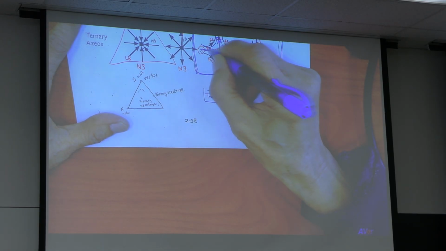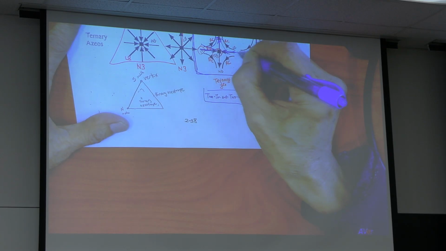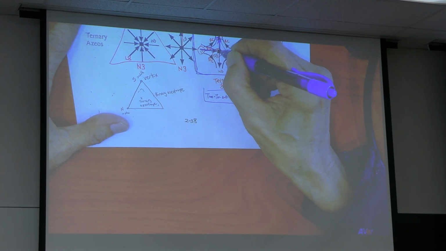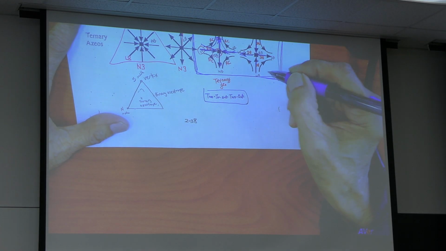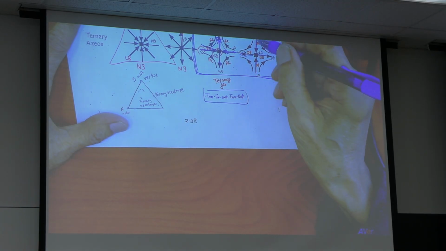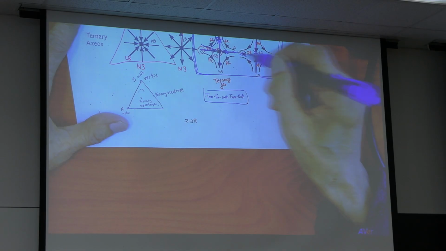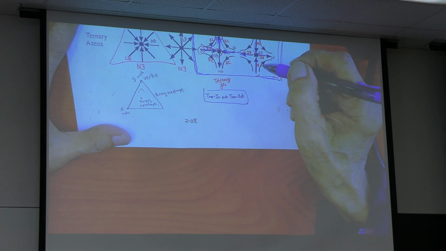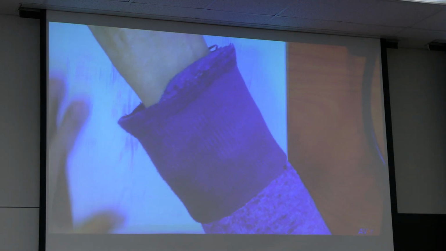Two arrows go in, two arrows go out, two in, two out. Here, two in, two out. So with this, let's look at one example.